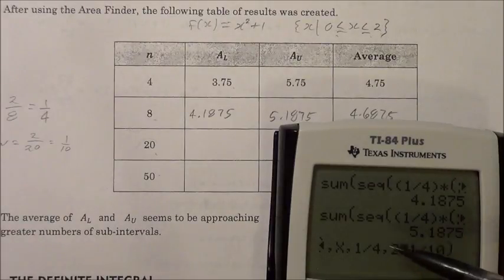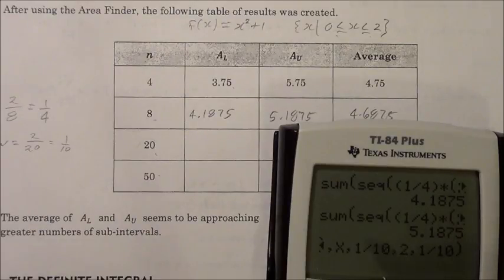I'll calculate the upper areas first, starting at 1/10 because the strips are 1/10 wide. That means I'm starting on the right edge of the first rectangle, whose upper right vertex corresponds with the curve.